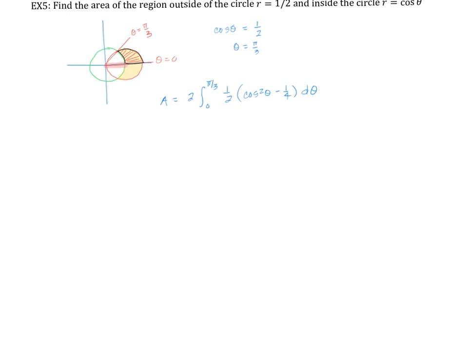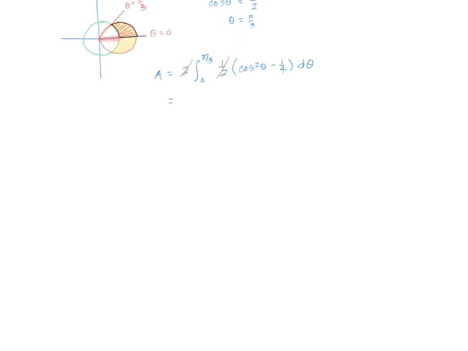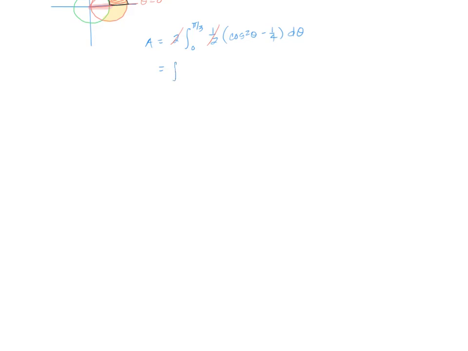And again, I'm going to cancel the 2 and the 1/2, with a reminder that sometimes it doesn't work out nicely like that. But if it does, take advantage of it. And we're going to integrate from 0 to pi over 3 of cosine squared theta minus 1/4 d theta.